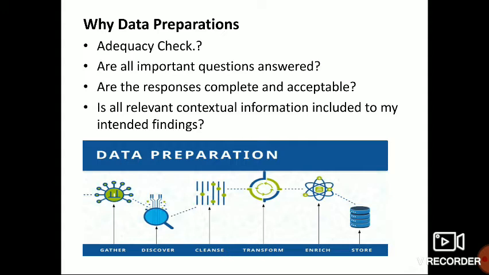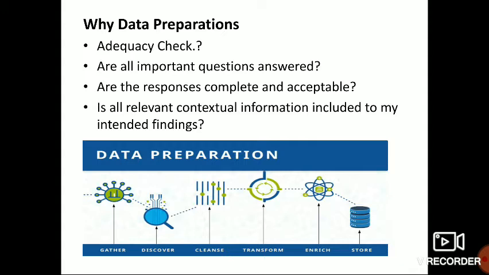Third, whether we got complete as well as acceptable information from the questionnaire or not can be identified through data preparation. And last, we can clarify whether any important information is omitted in the data or not.